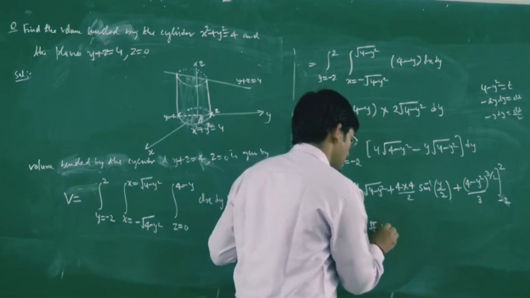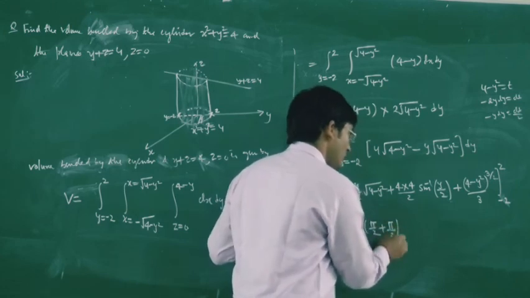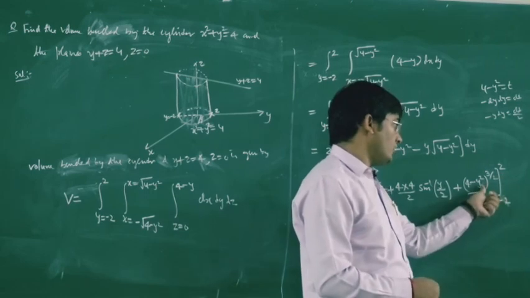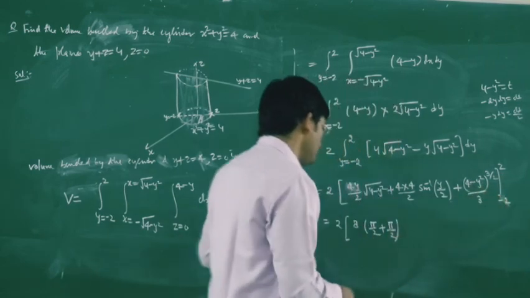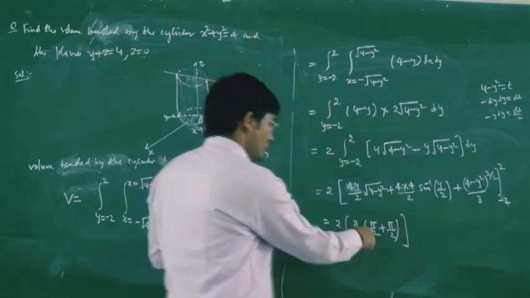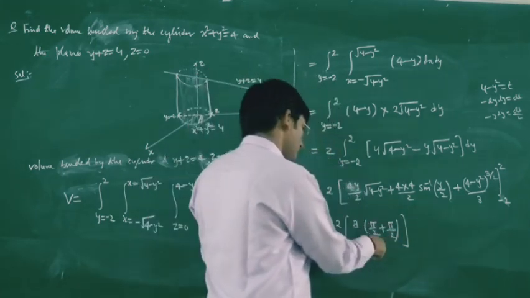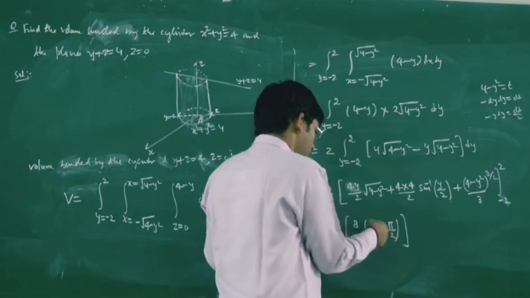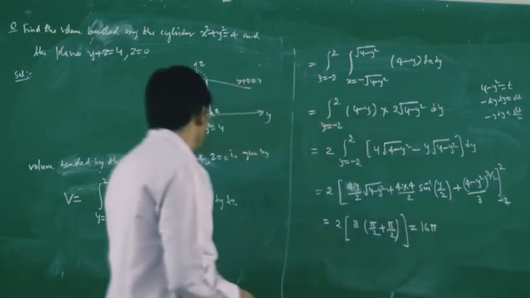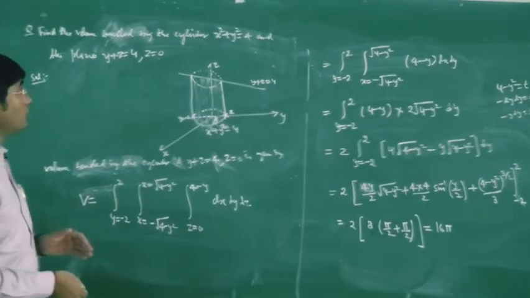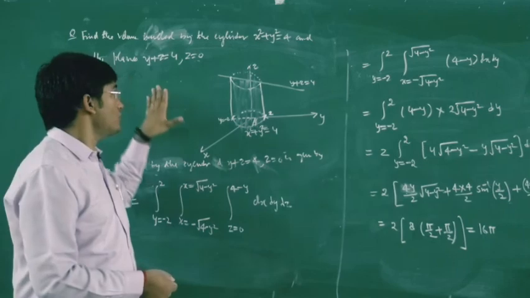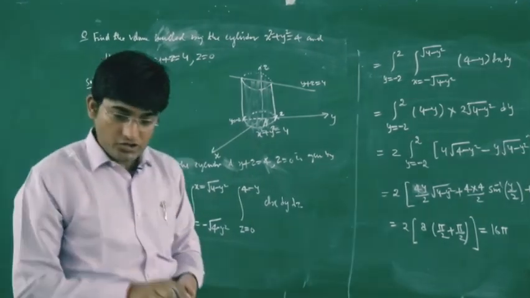So again we will have plus pi by 2. Now coming to the third term, again this third term will be 0 for both the upper limit and lower limit. So this is equal to 2 pi upon 2, so this will be pi, so this will be just 16 pi. So that means the volume bounded by this cylinder and these two planes is equal to 16 pi.